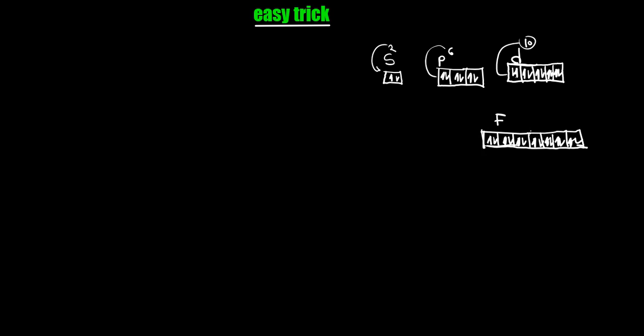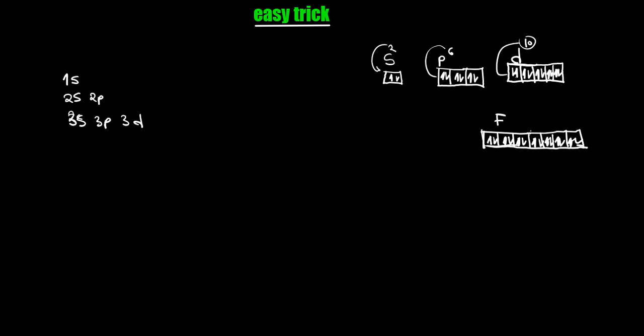So there are 2 ways. You have been using this trick where you write 1s like that, then you come here and write 2s, then 2p like that. Then again you write 3s, then 3p like that, then 3d.